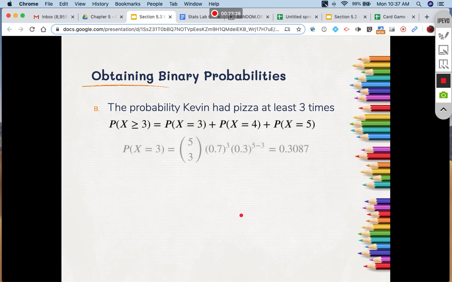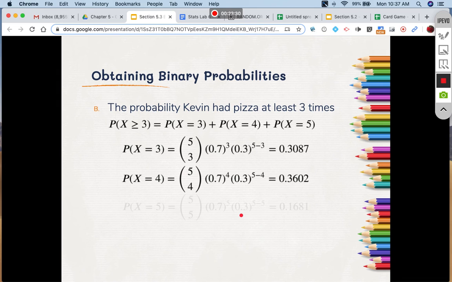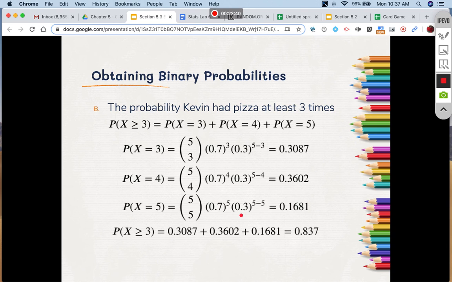We find each of those separately, using my same formula, just plugging in a different value for x. I get those 3 probabilities, I add them all together, and the probability is 0.837, or 83.7%, that he will have pizza at least 3 times out of those 5 you picked.